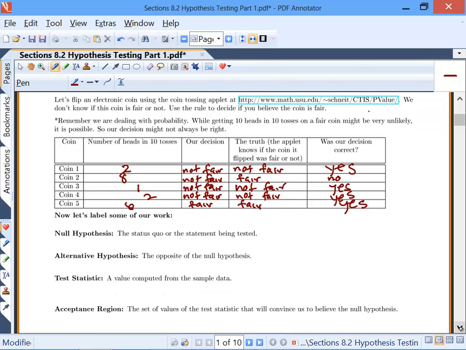The first thing is the null hypothesis. This is the status quo, or the statement being tested. In our case, we were testing to see if the coin was fair. Now, your alternative hypothesis is the opposite of the null hypothesis. So the opposite of the coin is fair is that the coin is not fair.